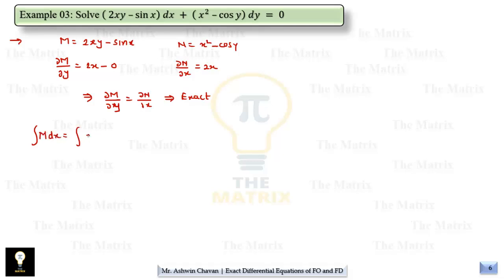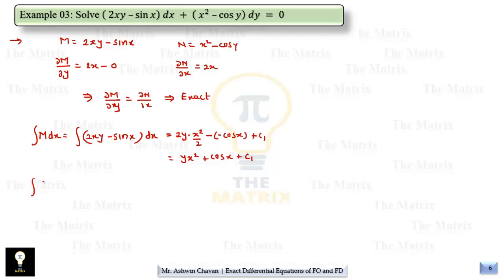So we have 2xy minus sin x, its integral with respect to x gives us 2 into y, and the integral of x is x square by 2, minus the integral of sin x, which is minus cos x, plus c1. So it can be written as x square y plus cos x plus c1.